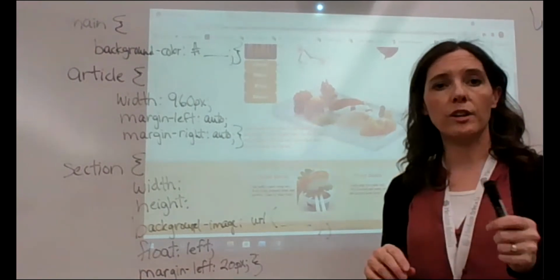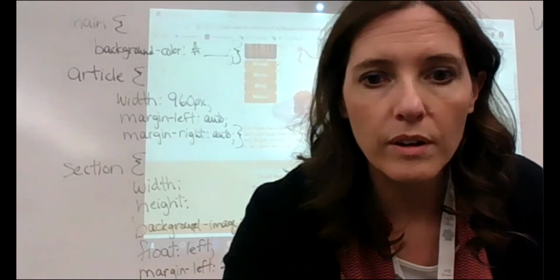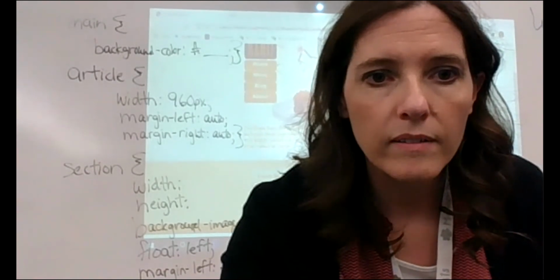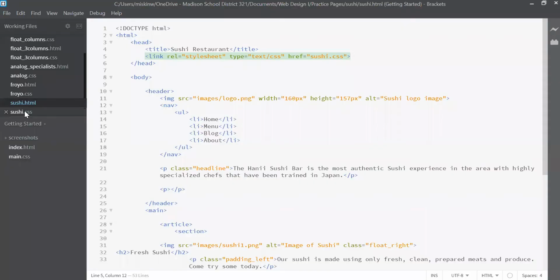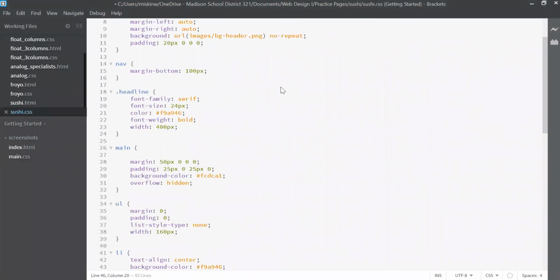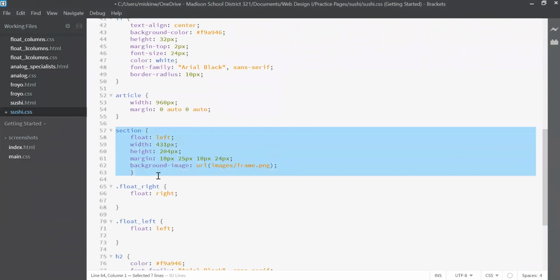So I'm going to go ahead and share my screen really quick so that I can look at that exact code for this section. Because I want to tell you the right one. Okay. So right here, I've got float left. So we've got that, check, width 431px.